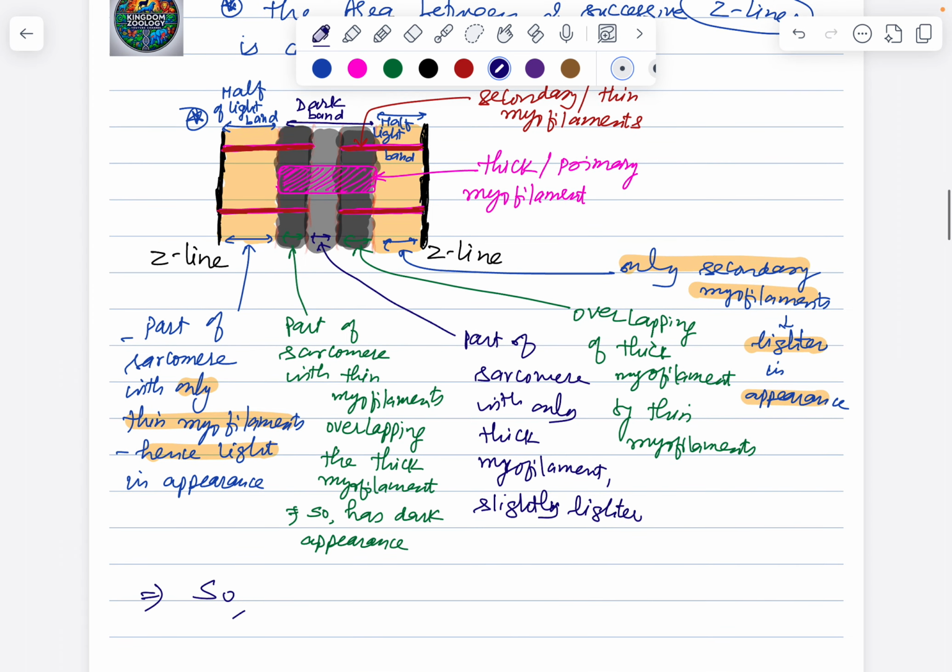So we can see in the structure that a sarcomere is made up of three parts.